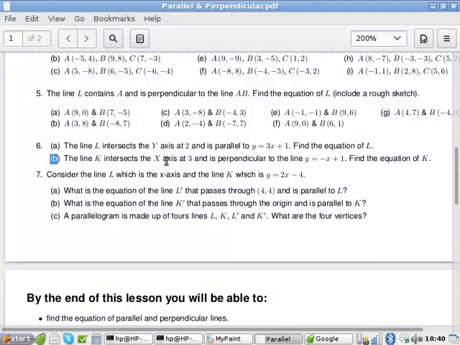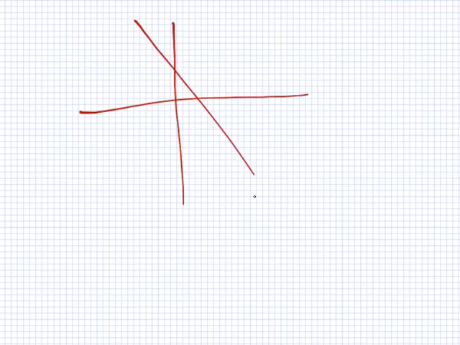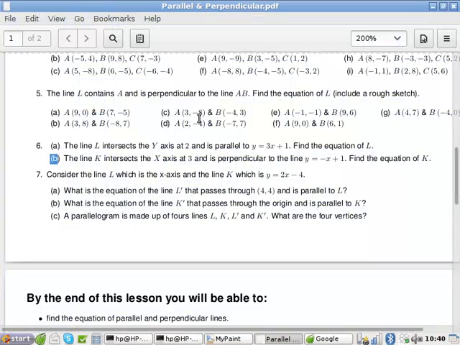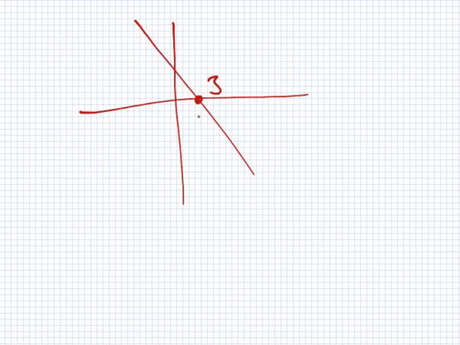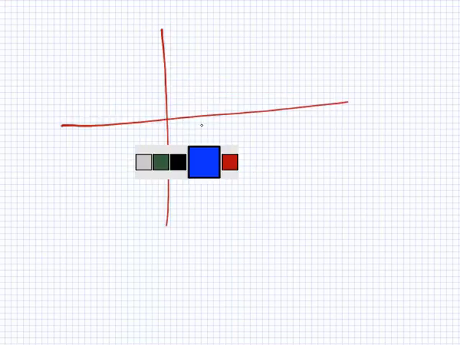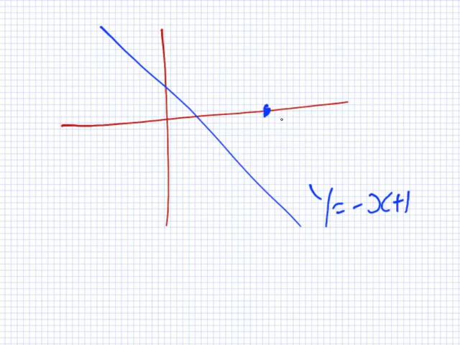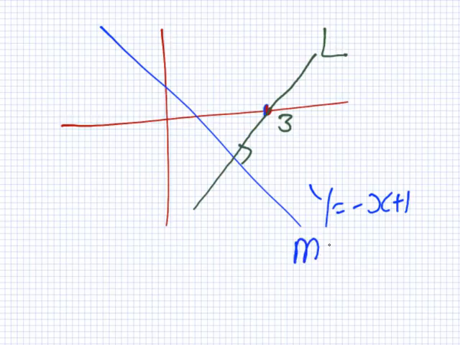So let's have a look here. The line K intersects the x-axis at 3. Yes? And is perpendicular to y equals minus x plus 1. So there's y equals minus x plus 1. There's 3, and it's perpendicular, and this is what I want. So what's the slope here?